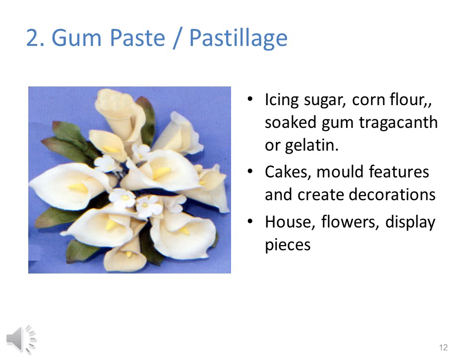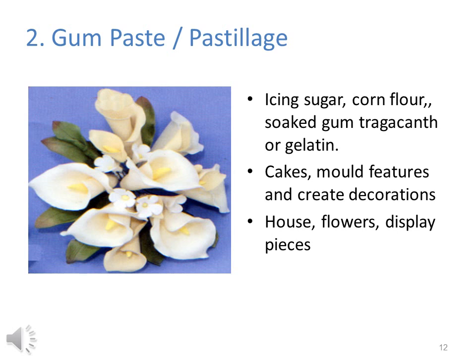The next flat icing is gum paste or pastillage. It is made out of icing sugar, corn flour, and soaked gum tragacanth or gelatin. It is used for models like houses, flowers, etc. Sugar paste icing is a very sweet edible sugar dough usually made from sugar and glucose.